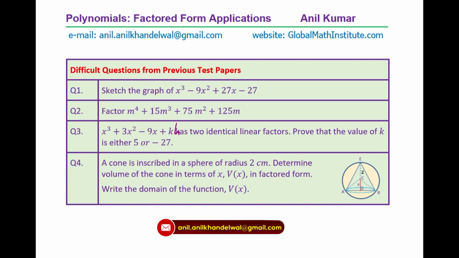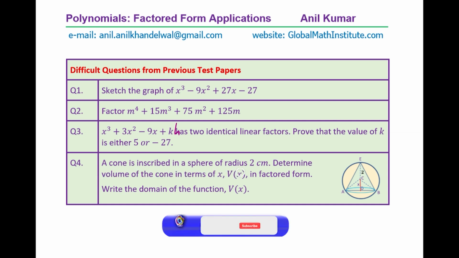Question number 4. A cone is inscribed in a sphere of radius 2 centimeters. Determine the volume of the cone in terms of x, that is V of x, in factored form. Write down the domain of the function V of x. So it has 2 parts.